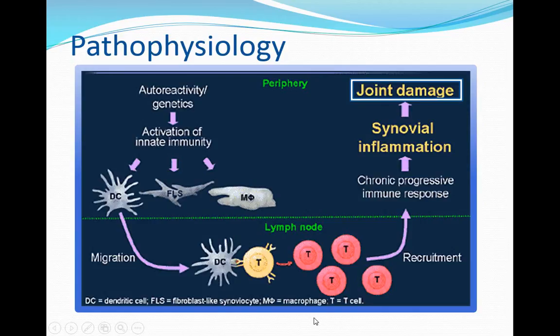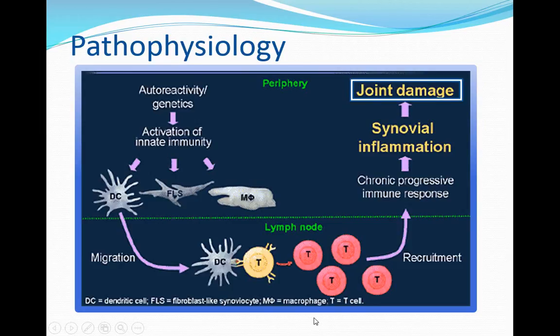We have something that causes the genetics of a person in an immunity system to actually cause the dendritic cells to act on T cells and eventually recruit these cells to have this immune response, ending up in joint damage.